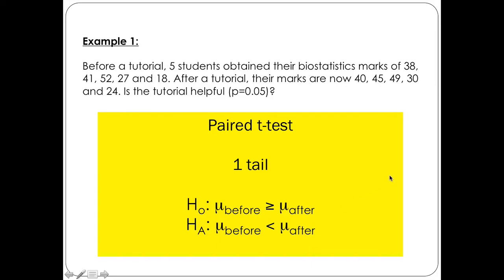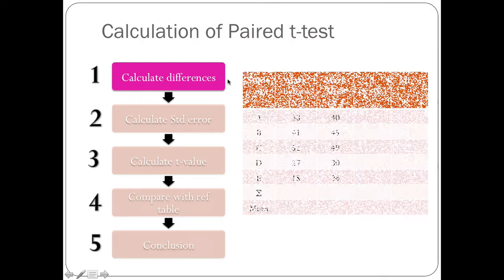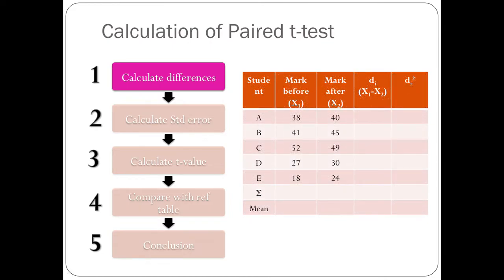So how do we calculate the paired t-test here? Let us do the first step: calculate the differences. First, prepare a table like this. Stated here are the 5 students, the mark before, which is your x1, and the mark after, which is x2. So it's a pair.